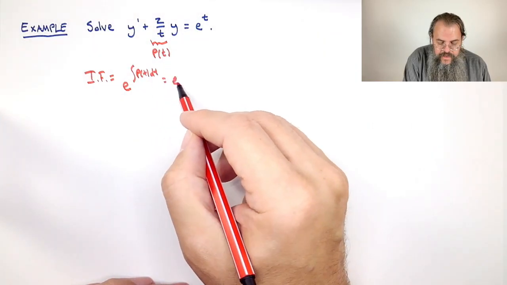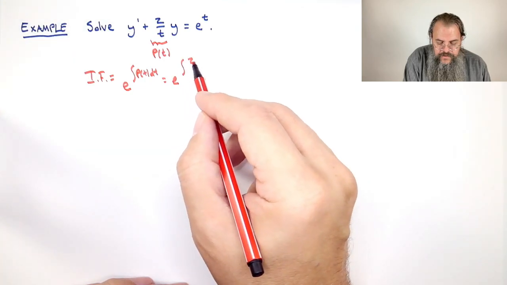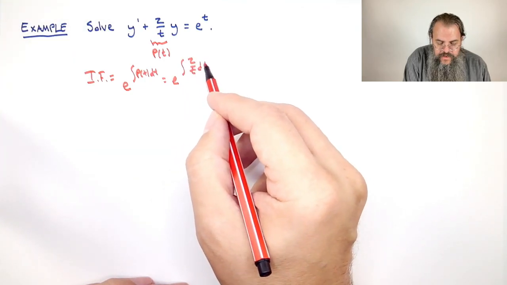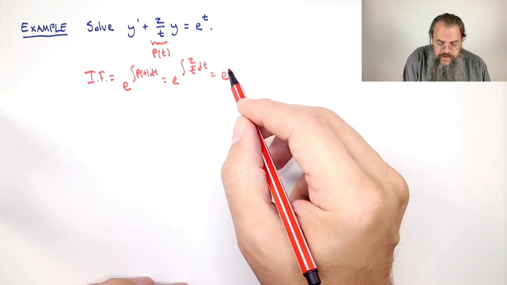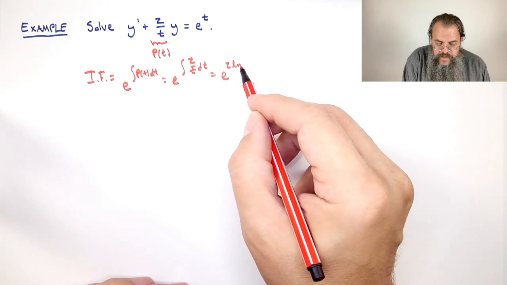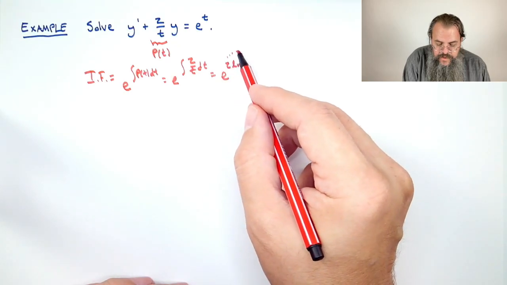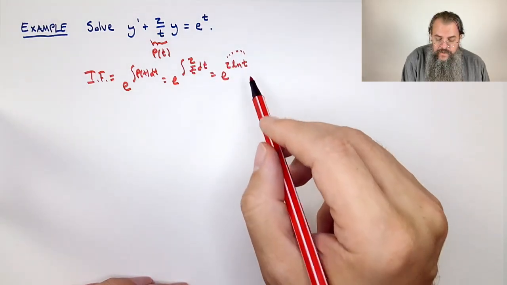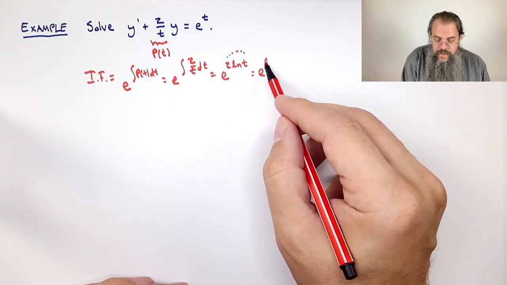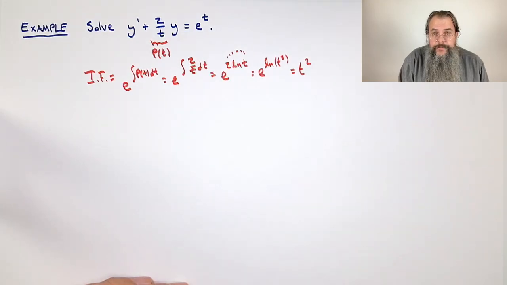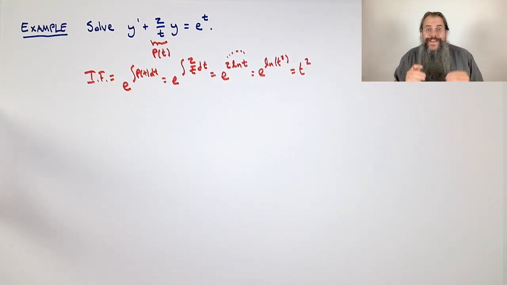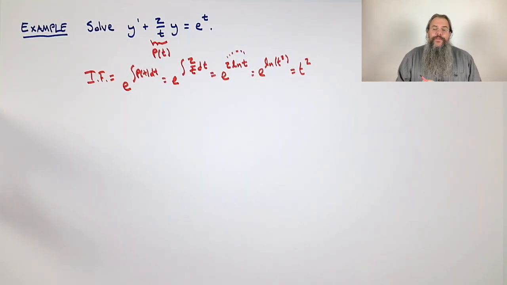That's e to the integral of 2 over t dt. Well, that's not bad to compute. That's 2 log t. But of course, the 2 can come in as an exponent. So that's e to the log t squared, which is t squared.